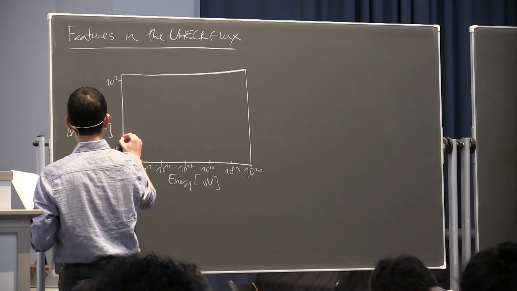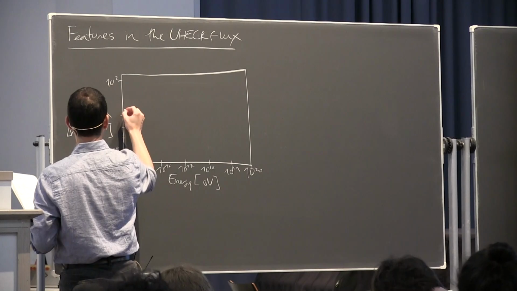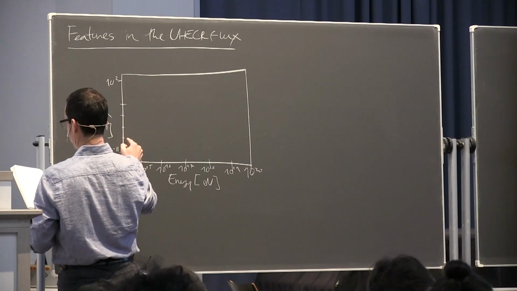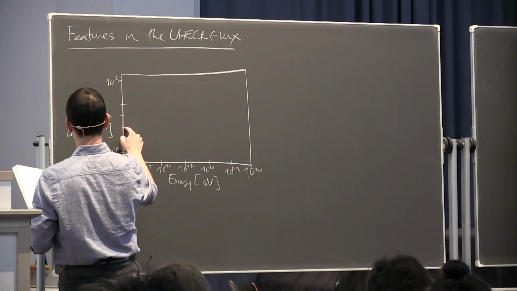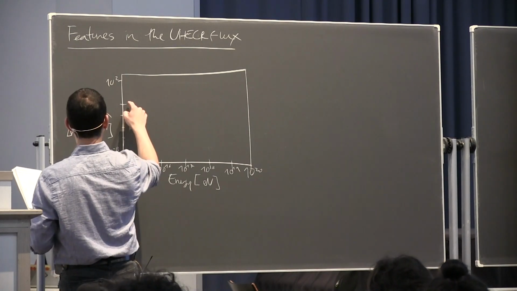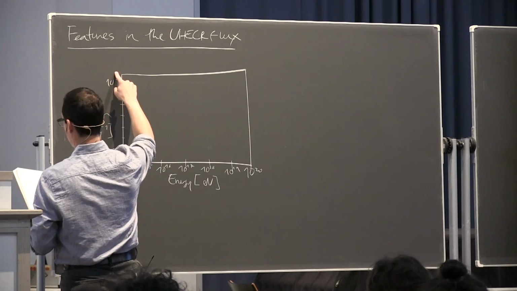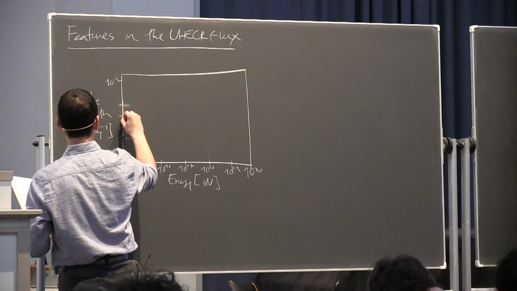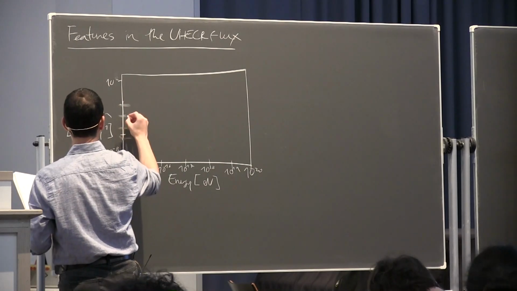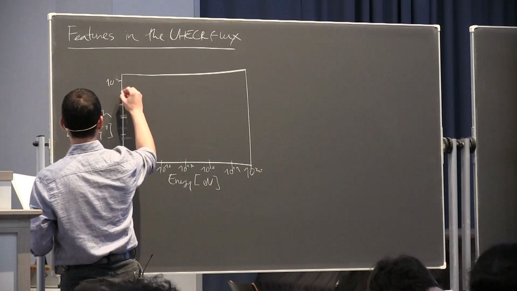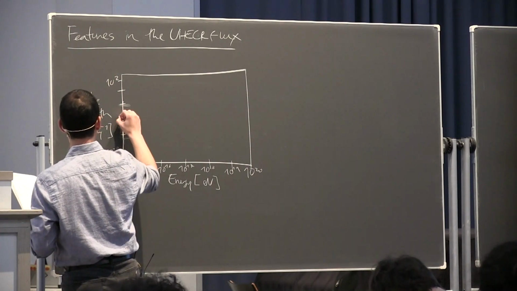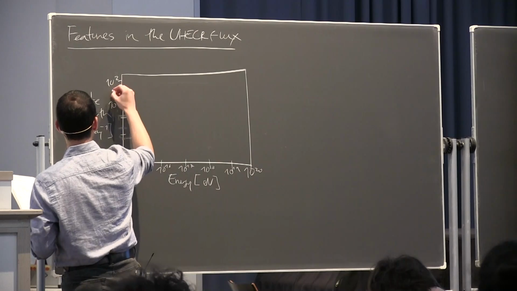Yeah, so minus 6, minus 4, minus 2, 0. Okay, I did it wrong, sorry. Let me make it a bit bigger. Minus 6, minus 4, minus 2, 1.